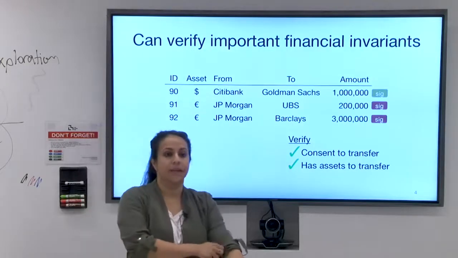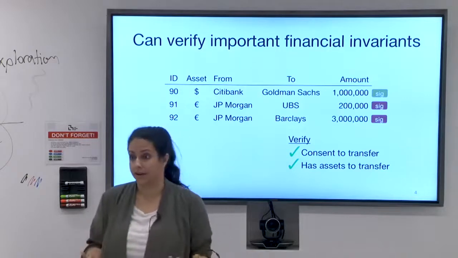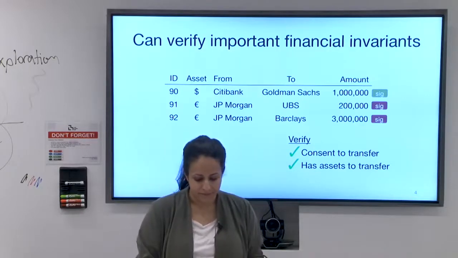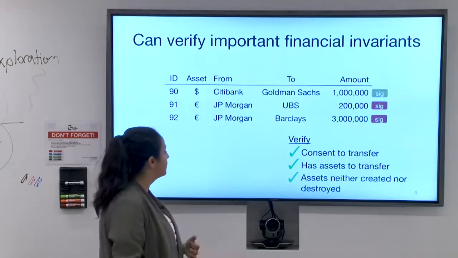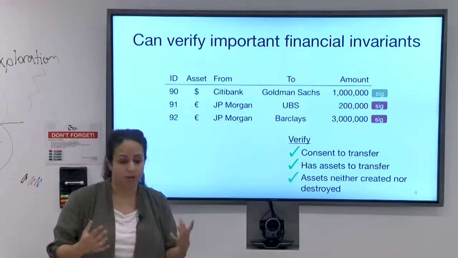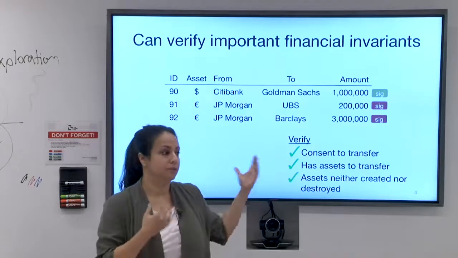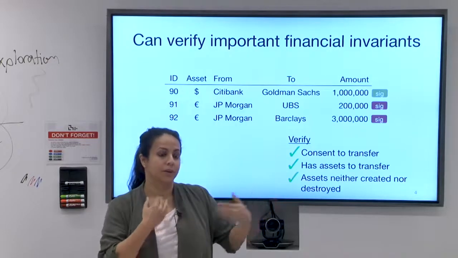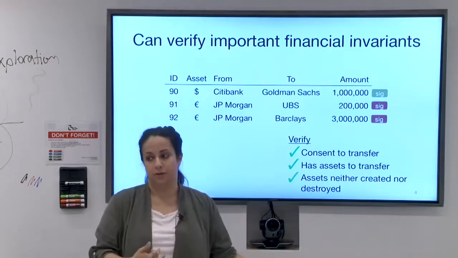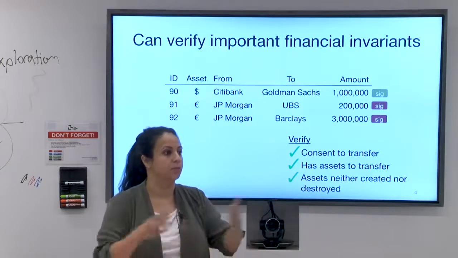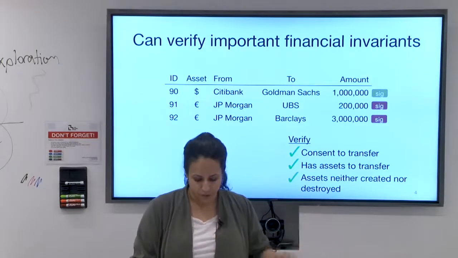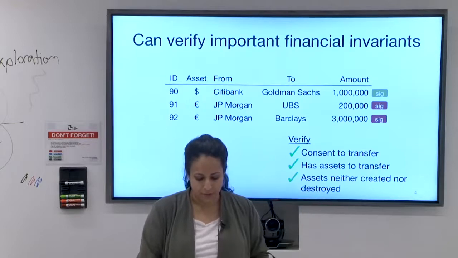That they're not making up assets out of nowhere, or double spending, that there isn't something incorrect happening. And then that assets are neither created nor destroyed, that we have conservation of assets. So these are important financial invariants to maintain. This looks a lot like the invariants we're trying to maintain in a cryptocurrency like Bitcoin or Ethereum, except this has multiple assets, and we know who the people involved are.